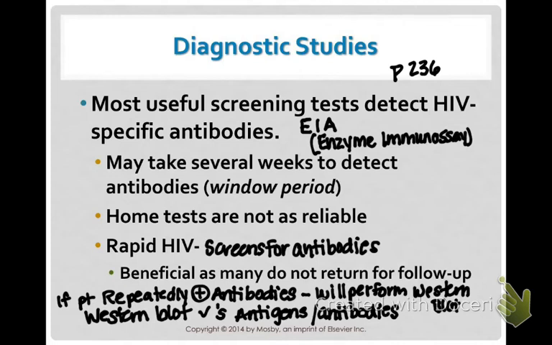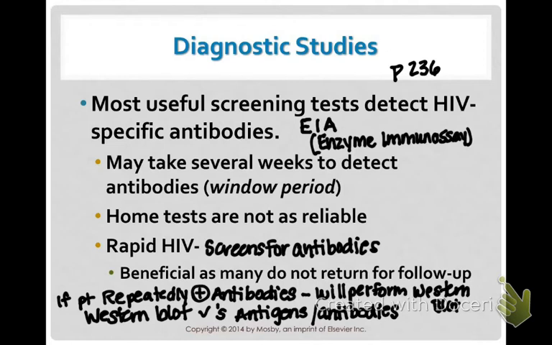The home test, back up here in the middle, they're pretty accurate. Your book, I think, says they're like a rapid test. But the thing with the home test is some people take them, and when they get to the clinic, it's hard to figure out exactly when the window period was, as far as dates and times.